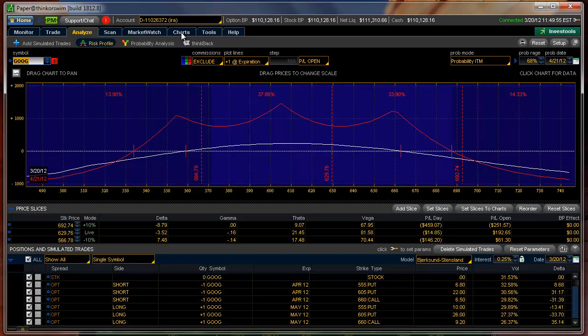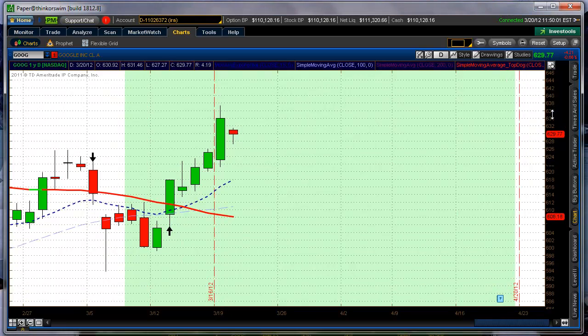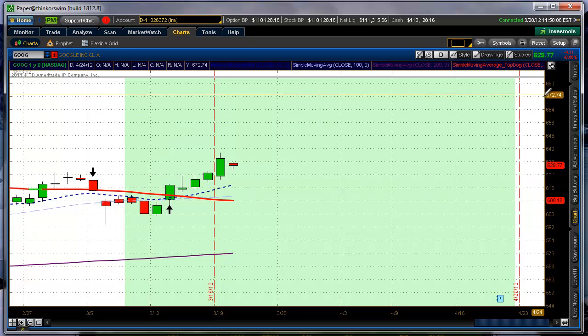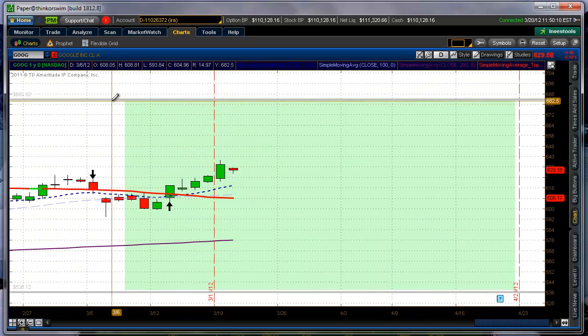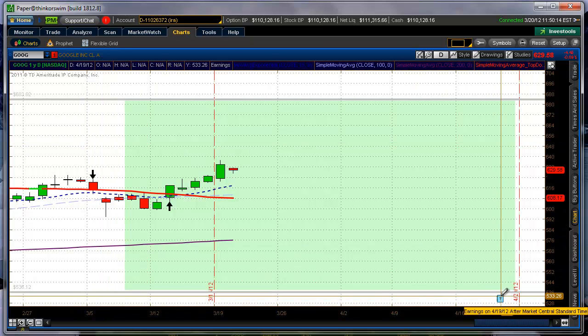The other thing I want to do is a quick look at the chart. Let me compress this down so that we can see the break-evens on this trade, which I put in this chart. These gray lines are the break-evens, and this is their earnings, which is on the 19th.